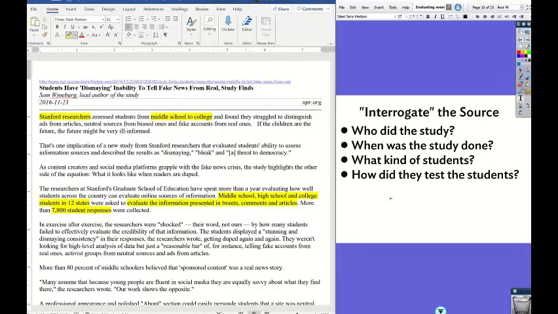If I get satisfactory answers to these questions and it does sound like this was a good study, well, that means I probably do need to accept this overall conclusion that students have a dismaying inability to tell fake news from real.